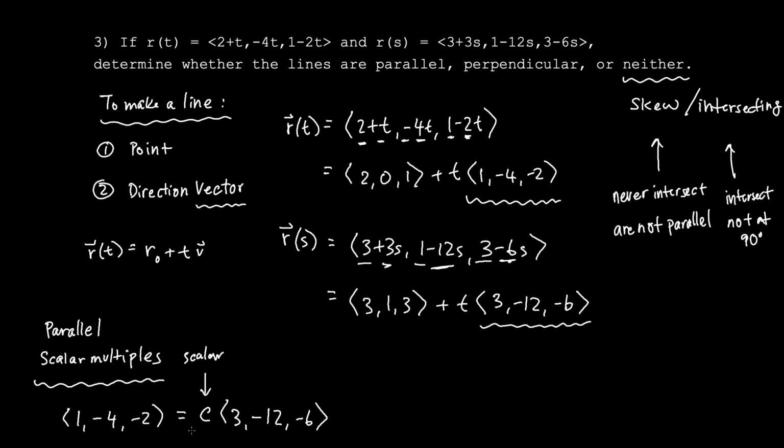That scalar is 3, or actually 1/3. If c is equal to 1/3, we have 3, negative 12, negative 6. We can distribute the scalar to each of the components, and we get 1, negative 4, and negative 2. Since this vector is the same as the direction vector from r of t, we know that these two lines are parallel.